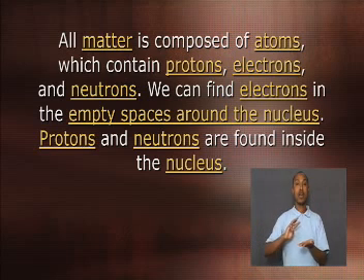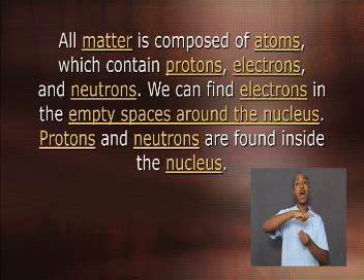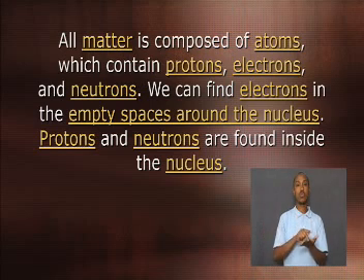We can find electrons in the empty spaces around the nucleus. Protons and neutrons are found inside the nucleus. If you manage to complete this statement successfully, you are able to explain the composition of an atom. Excellent job!